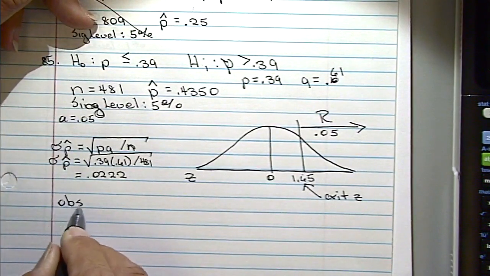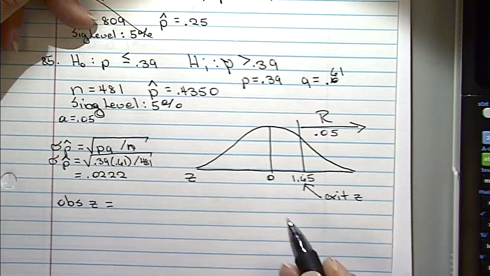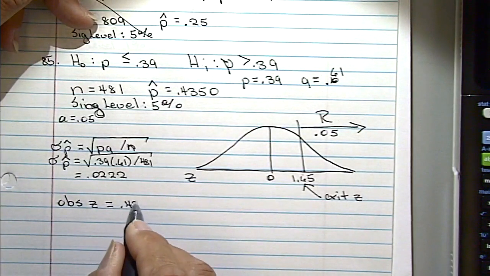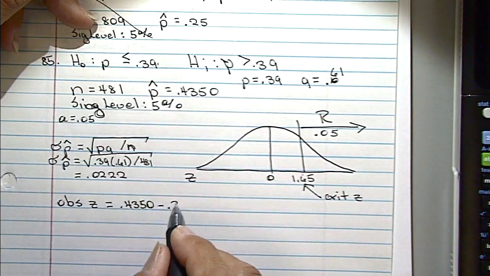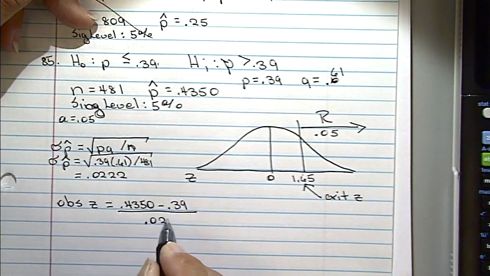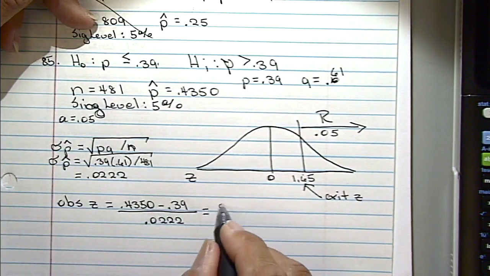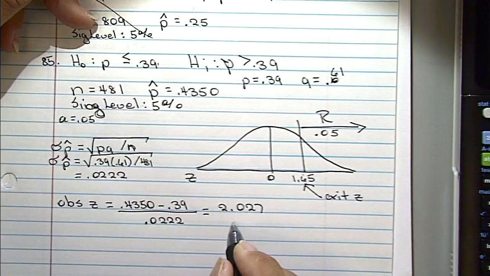That observed value for z, the test statistic, is going to become whatever I came up with in my sample minus whatever the hypothesis statement says, and I'll divide by that adjusted standard deviation. And this time I come up with 2.027, which I would go 2.03 for that one.